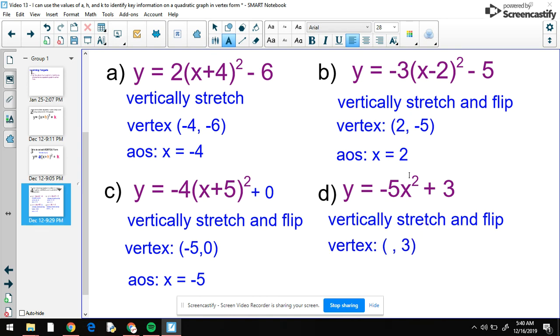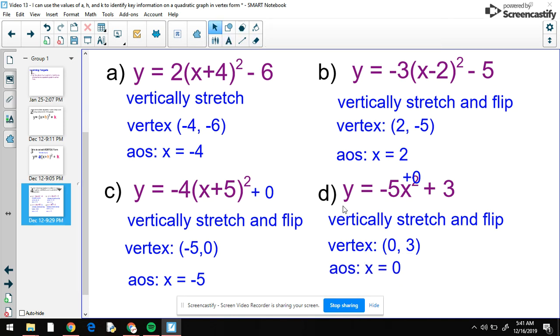Well, what's really happening here is there's really an x plus 0 inside of those parentheses being squared. So in this case, my h value is really just 0. So don't let the fact that there's no parentheses here fool you. H is just plus 0, and then your k value is along the outside. And then our axis of symmetry line would be x is equal to 0 because it needs to match our vertex.